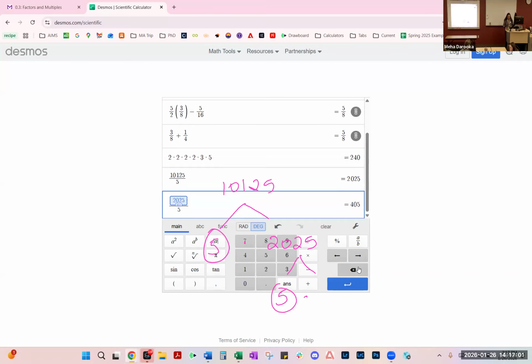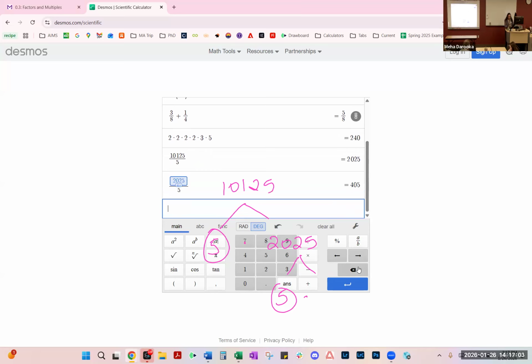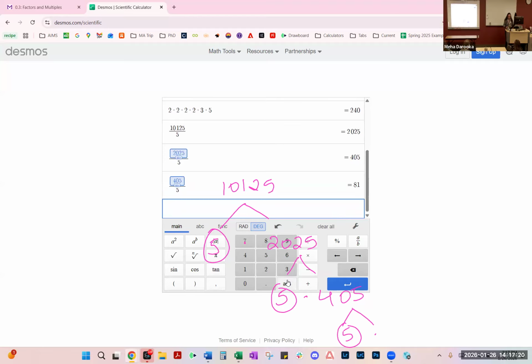And again, we're dividing it by 5. So of course, that also can then be further broken down into 5 times something. So 405 divided by 5. So it looks like you're doing a whole bunch of 5s in here. All right, and then we come up with 81 when you do 405 divided by 5. So of course, 81 will not go into 5.